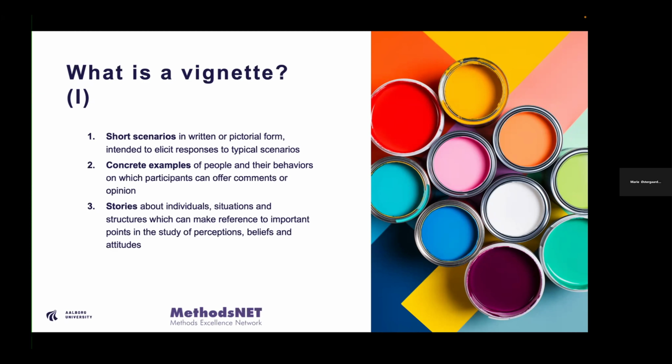Whereas when you define and see a Vignette as a concrete example of people and their behaviors, this is a very typical definition used by qualitative researchers. And what we will emphasize in this course, that is as a tool to go into reasoning behind why people believe, think, or perceive of particular situations.